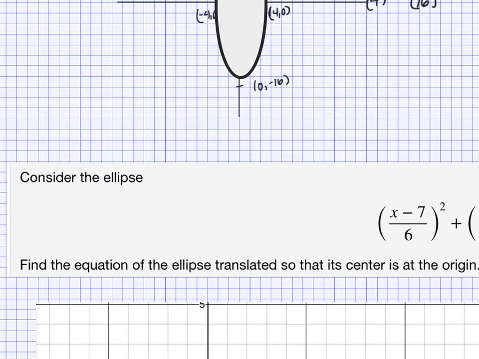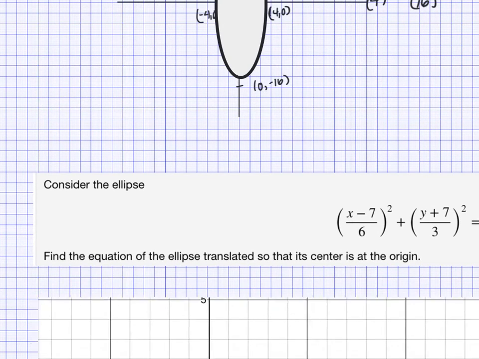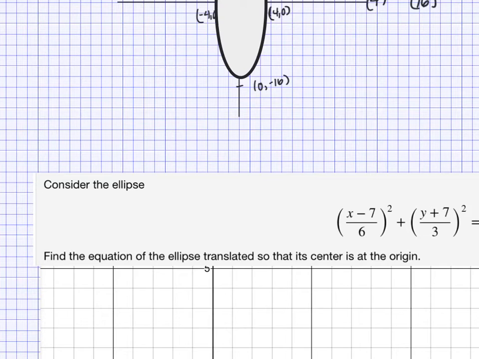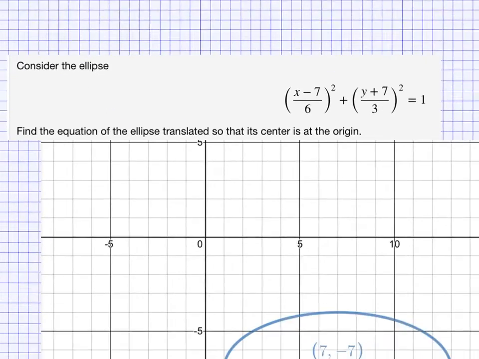So on this example down here, they're asking me to find the equation of the ellipse that has been translated so its center is at the origin. So this is my equation. My equation is (x minus 7) over 6, squared, plus (y plus 7) over 3, the quantity squared, is equal to 1.